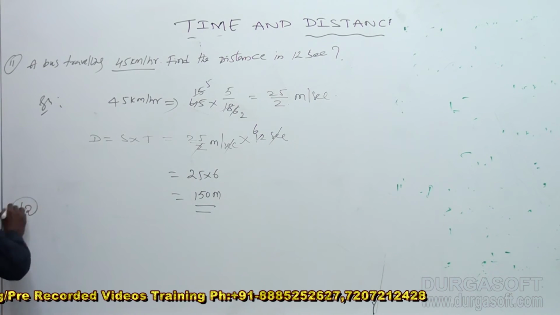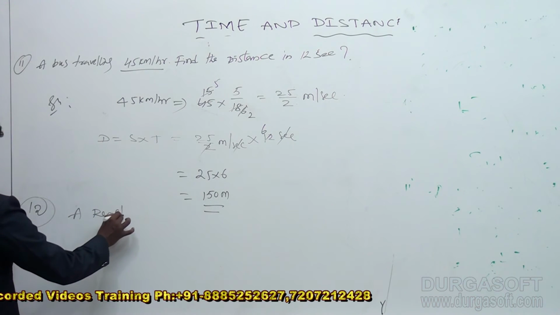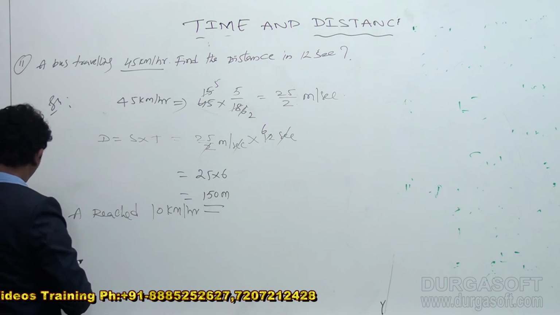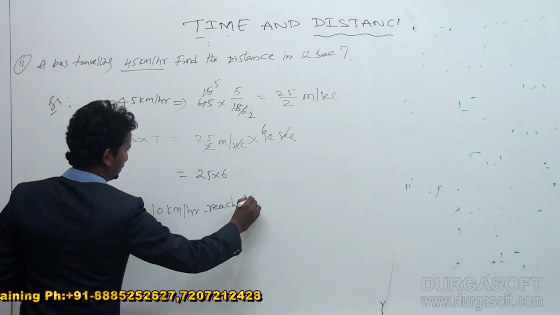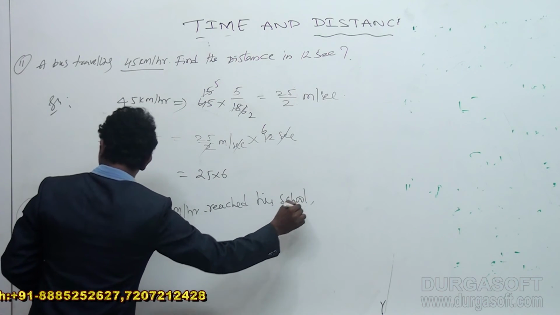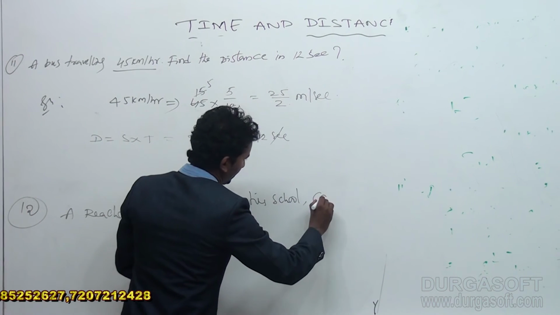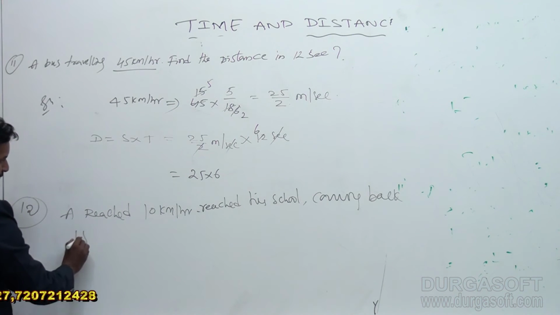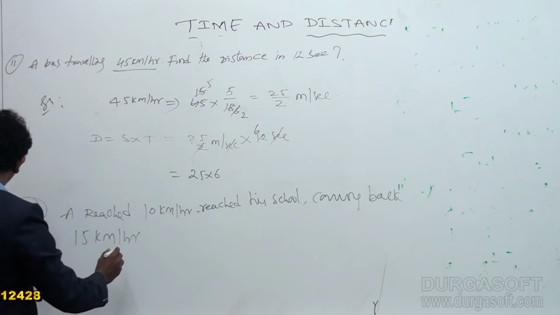The 12th one: a boy reached his school at 10 km/h, and coming back at 15 km/h.